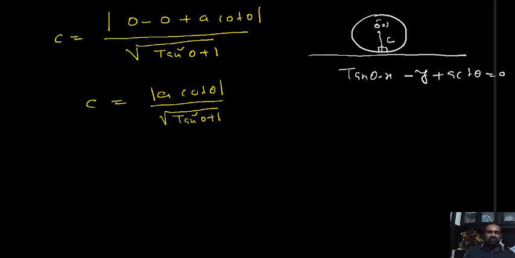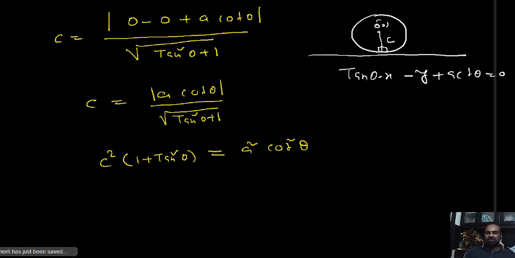But here I don't want to disturb tan theta, because my answer should be in terms of tan. That's why, squaring both sides, c square into 1 plus tan square theta is equal to a square into cot square theta.